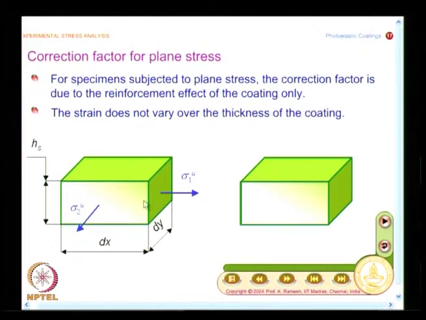And what I am going to do is, I am going to take an uncoated specimen subjected to plane stress, and I will consider a specimen with a coating. So, what you will have to look at is the moment I put a coating, the coating can also participate in load sharing. Now, the question is, what is the share of load the coating takes in? So, in the process the specimen is loaded less.